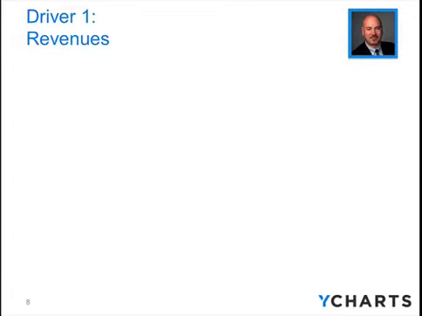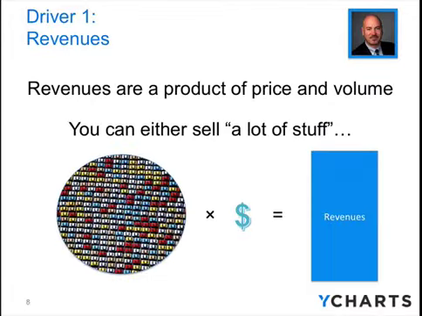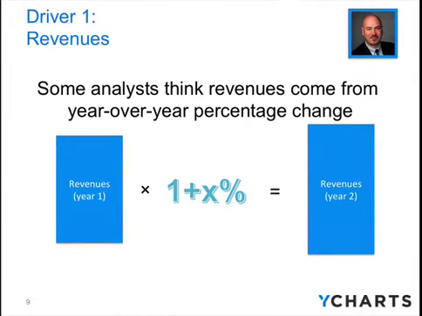First is revenues. Revenues are a product of price and volume. You can either sell a lot of stuff, a lot of cars in this case, or you can sell stuff for a lot, one very expensive car. Revenues are not a simple year-over-year percentage change.